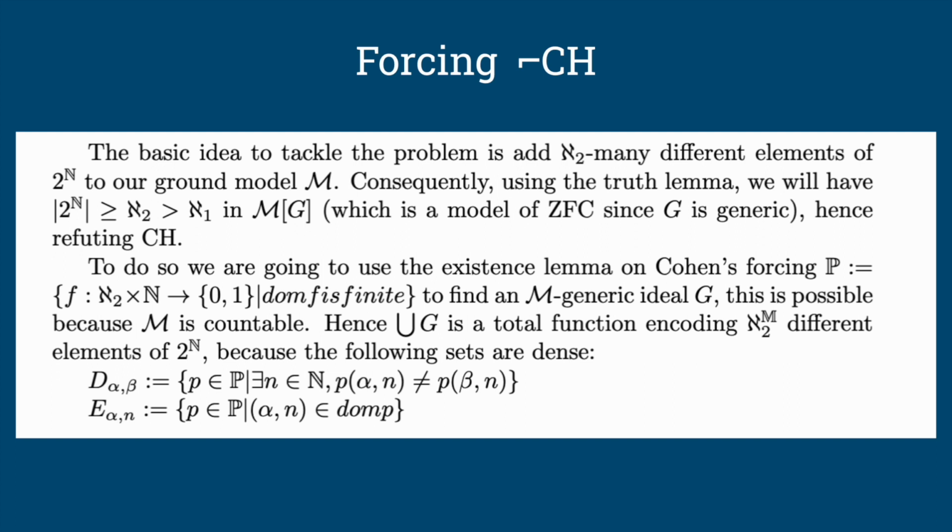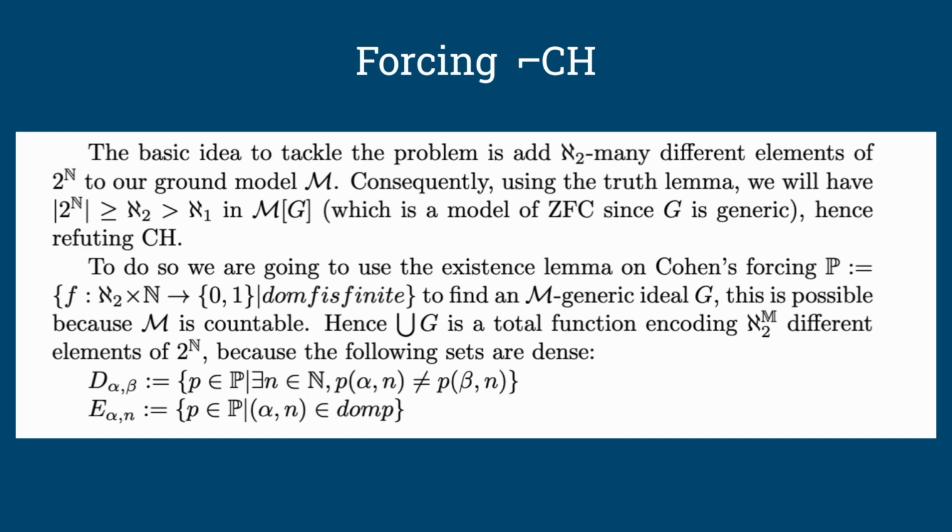Consequently, using the truth lemma, we will have that the cardinality of 2^n is greater than or equal to Aleph sub 2, which is greater than Aleph sub 1, in M evaluated using the generic G, which we know is a model of ZFC since G is generic, so all the truths of ZFC are preserved. It complies with all the axioms of ZFC. Hence, we refute CH.